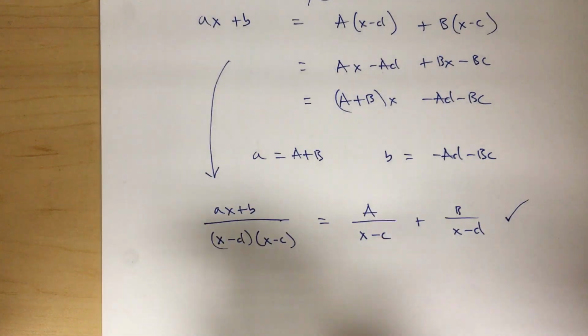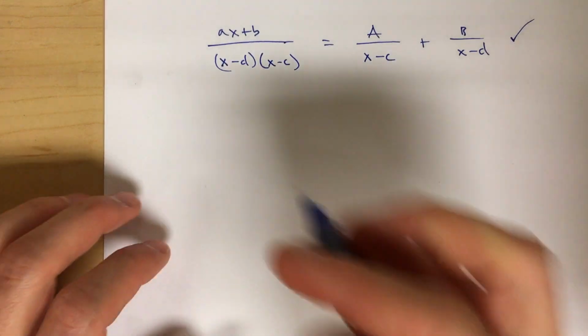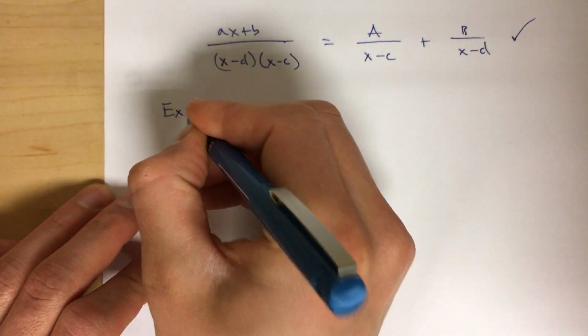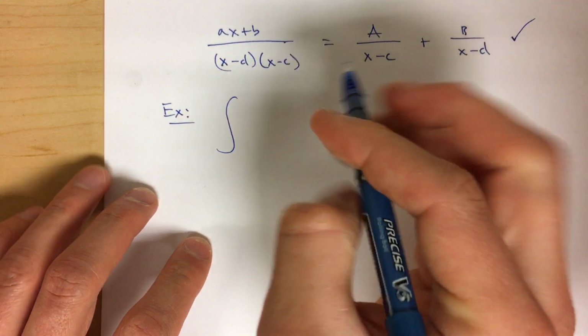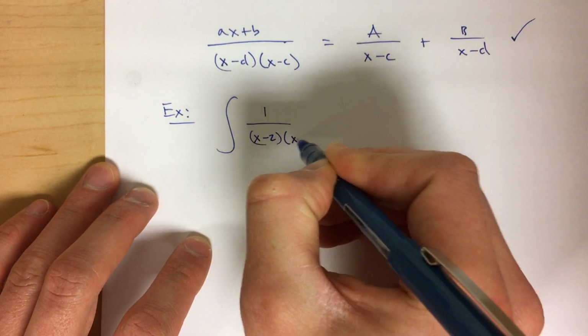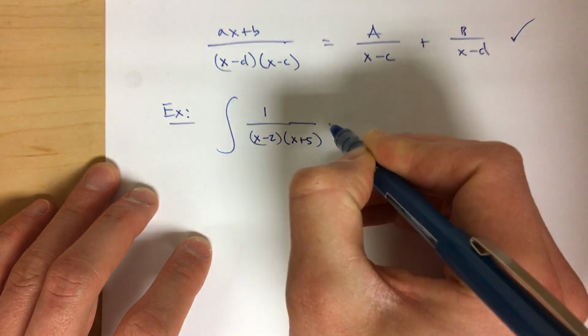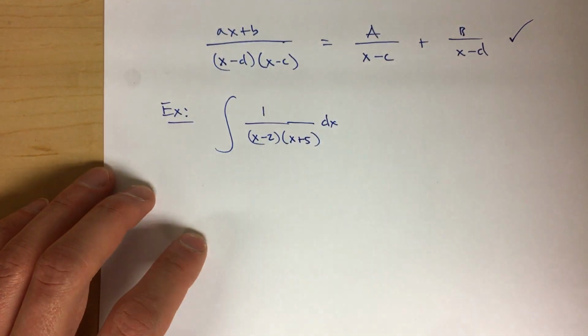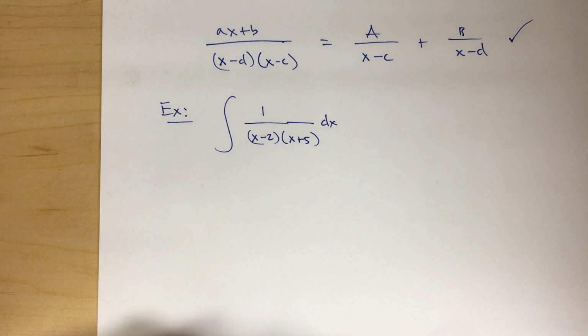All right, so let's take, for an example, this right here. The example is the antiderivative of 1 over x minus 2 times x plus 5 dx. Now this is 1 over a quadratic, so this is no good with u substitution or integration by parts or anything else. It's just nasty.